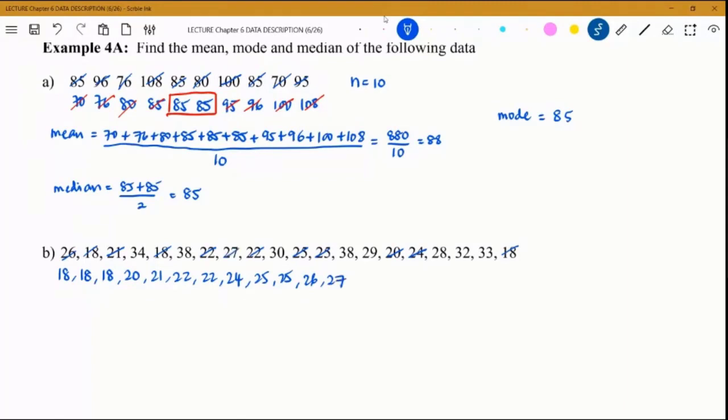And then we have 28, 29, isn't it? And then next, 30. Next one, 32, 33, 33, and 38. 34, 34, 38. That's it. We have 38 once again. Okay, good. So now, find the mean.